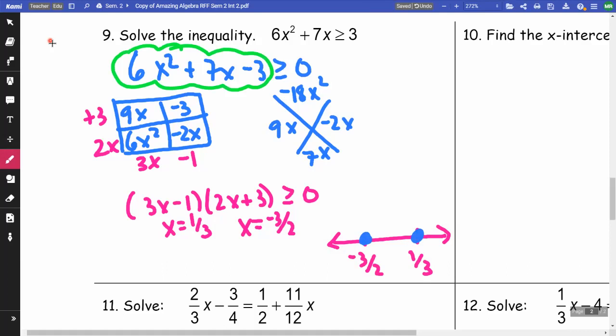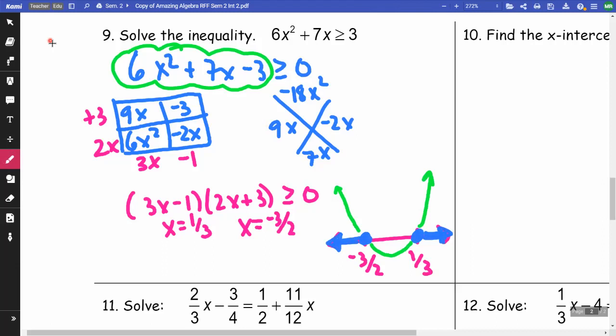So these 2 points on the number line would be your x-intercepts. So I'm going to graph this in green. This would be an open up parabola having x-intercepts at negative 3/2 and 1/3, which means in between negative 3/2 and 1/3, it's going to be below or less than 0. Outside of negative 3/2 and 1/3, it's going to be above or greater than 0. And we want it to be greater than or equal to. And so we're going to be shading outside.